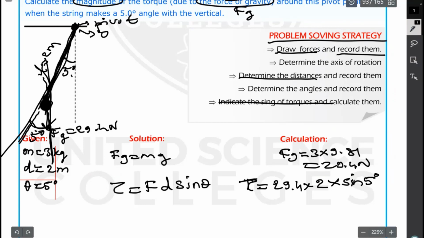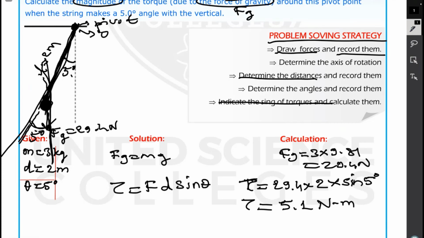So when you multiply them all, you will get the answer as 5.1 Newton meter. 5.1 Newton meter is the magnitude of the torque produced by this point mass about the pivot point, or about the axis of rotation. Any questions about this?